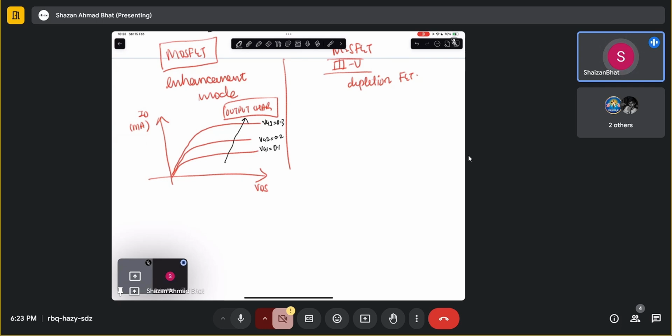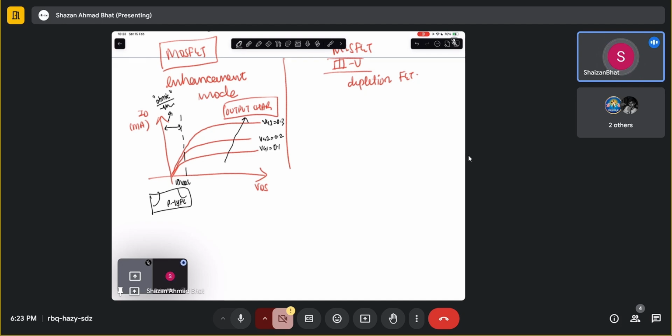You might have seen a trend like this if it's a P-type substrate. If the MOSFET has a P-type substrate, you might have seen the current-voltage characteristics like this. Up to this point it's a linear region, where the current increases linearly. That means it's just like a resistor. It's an ohmic region, because of the V equals IR type relation.